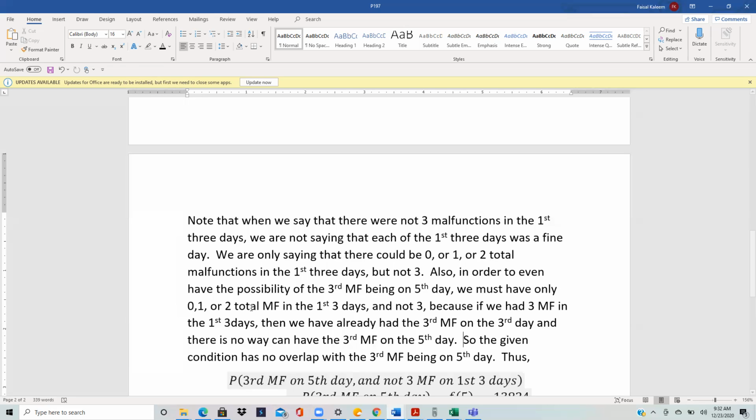Let me give you another example to illustrate this. Let's say we are asking for the probability of the first rainfall of the year happening on January 10, given that there has been no rain on January 1 through 9. Does it even make any difference whether we are given that condition or not?